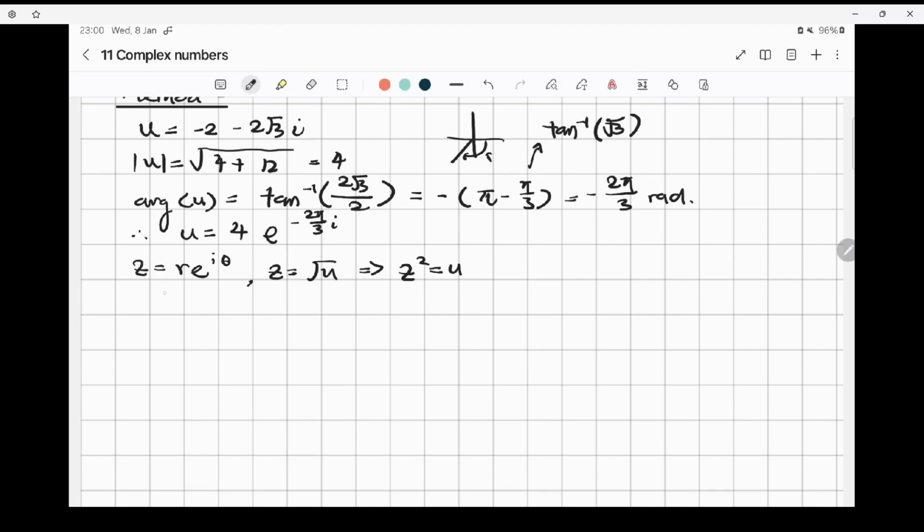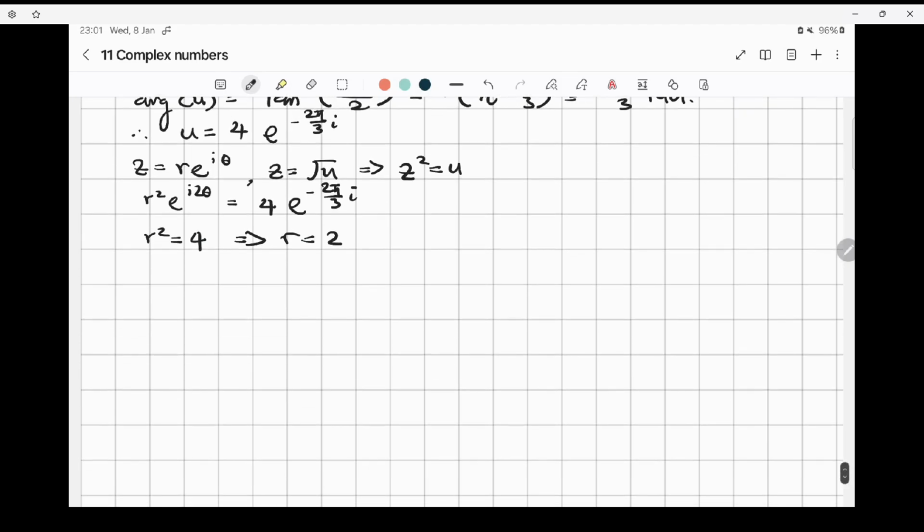So z squared will be r squared e^(i 2 theta) equals u, which is 4e^(minus 2 pi over 3 i). So r squared equals 4. This means that r will be equal to 2. Only take the positive side. The other one, 2 theta equals minus 2 pi over 3.